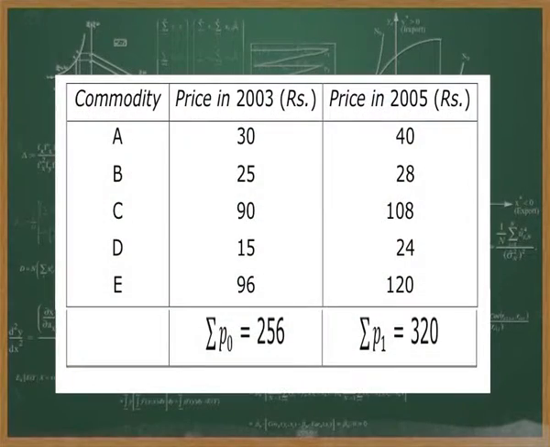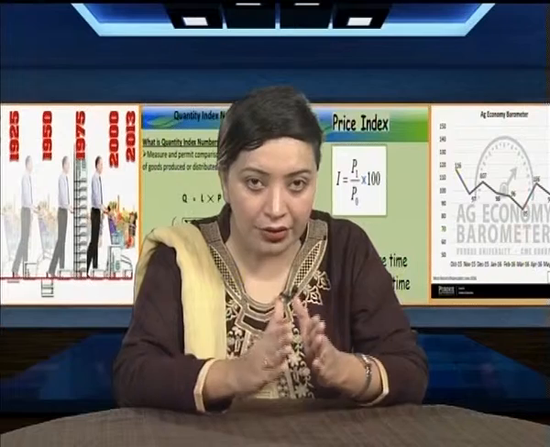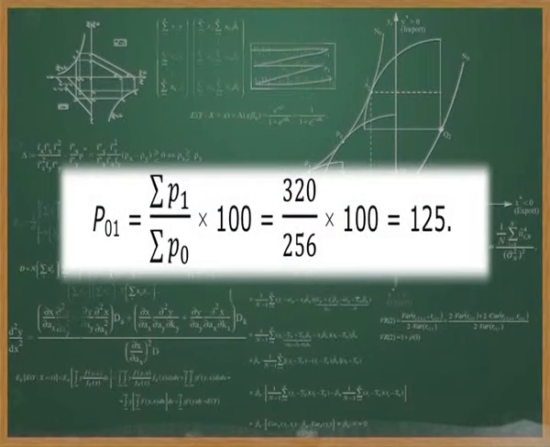So the solution to this, we are doing the computation of price index numbers. From the table, we have calculated ΣP0, which comes out to be 256 for the year 2003, and ΣP1 comes out to be 320 for the year 2005. The price index using simple aggregate method is given by the formula P01 equals ΣP1 divided by ΣP0 into 100.